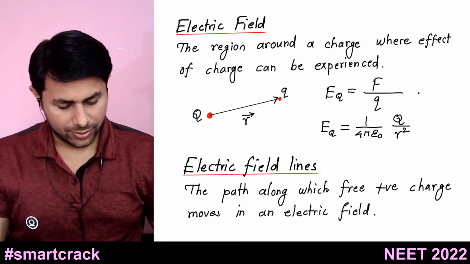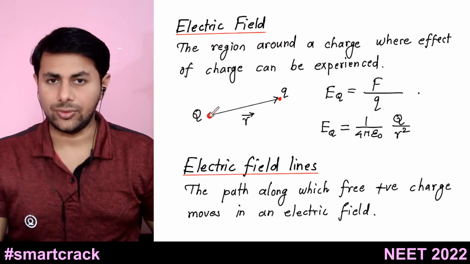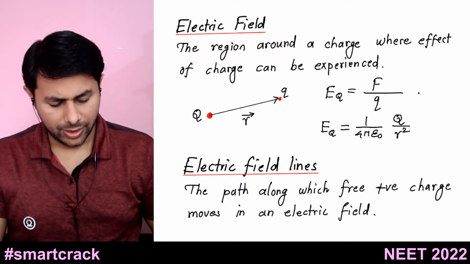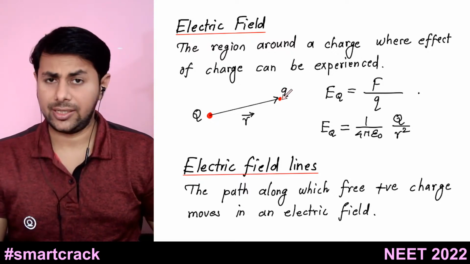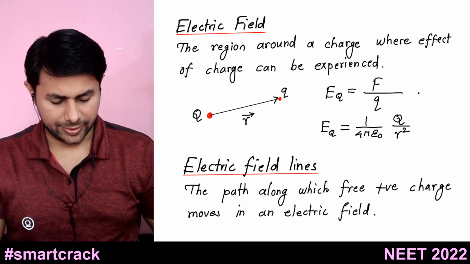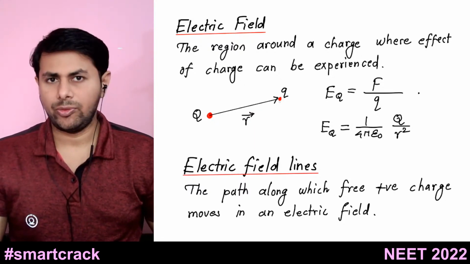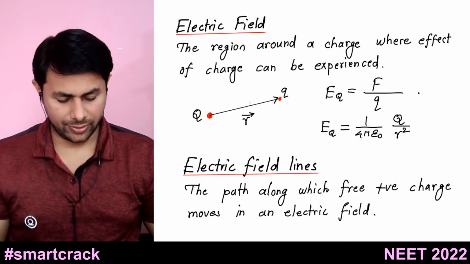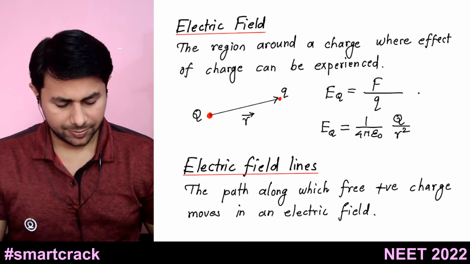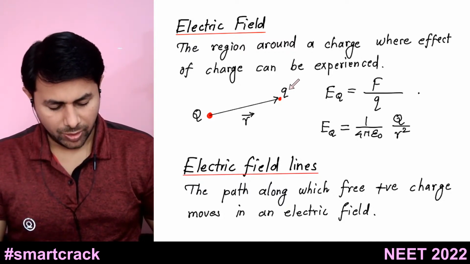So let's say we want to find the electric field due to capital Q. We bring some other charge, let's say small q, and we keep it here at distance r. So we find the force on this. What will be the force? It is k, 1 upon 4 pi epsilon naught, into Qq over r square, and then we divide that force by this small charge.